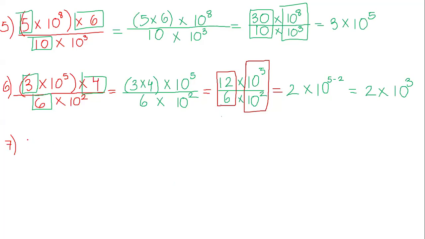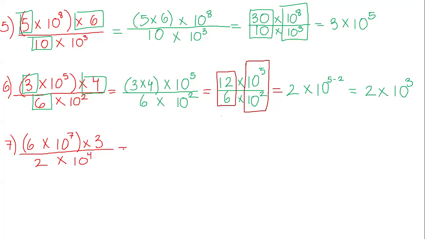So let's say we have 6 multiplied by 10 to the power of 7, multiplied by 3, all over 2 multiplied by 10 to the power of 4.